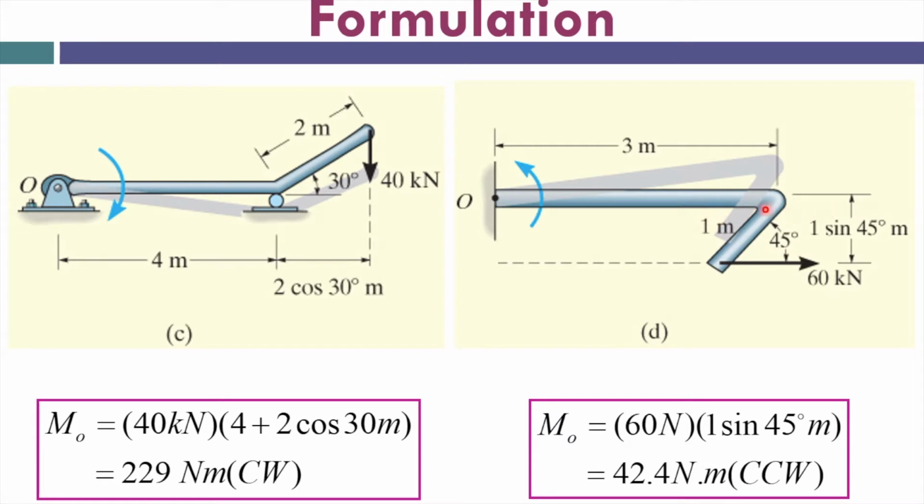So 1 meter times sine 45, we get 0.7071, and then times 60, we get a value of 42.4 Newton meter. But here it's counterclockwise, so here we will write CCW, counterclockwise.